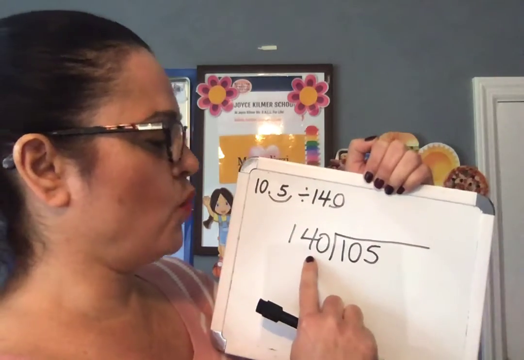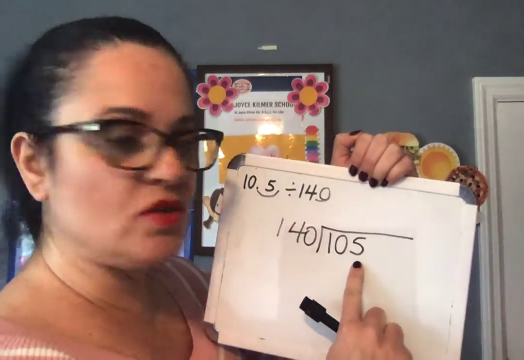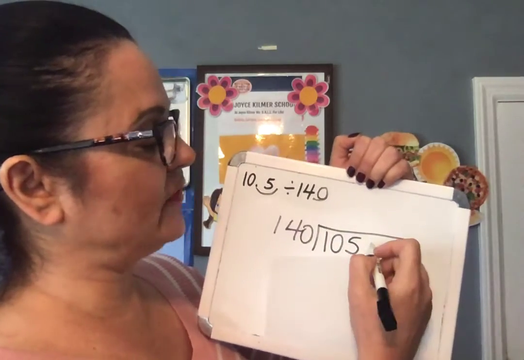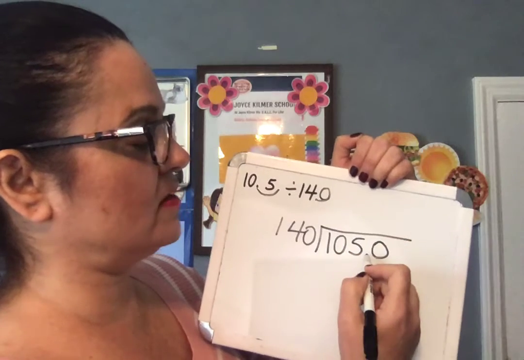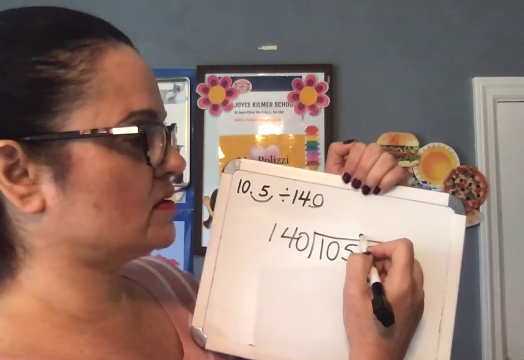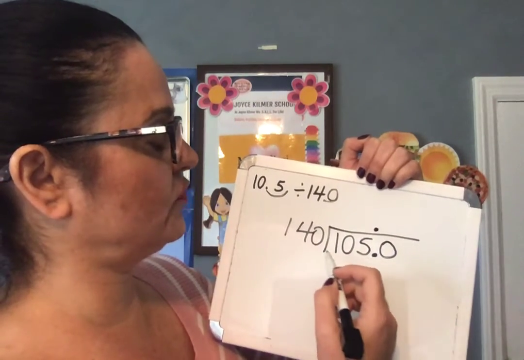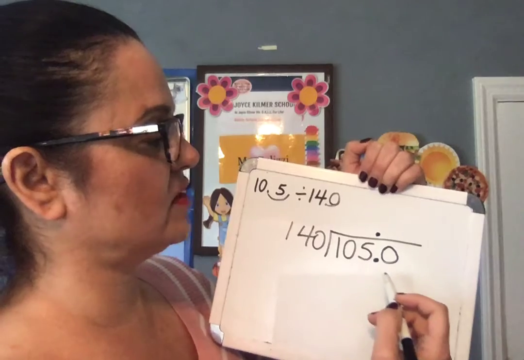How many 140s can I take out of 105? This is too small, so I have to add a 0. And remember, when you add a 0, you have to put a decimal first and then put a decimal on top. So now, how many 140s can we take out of 1050?